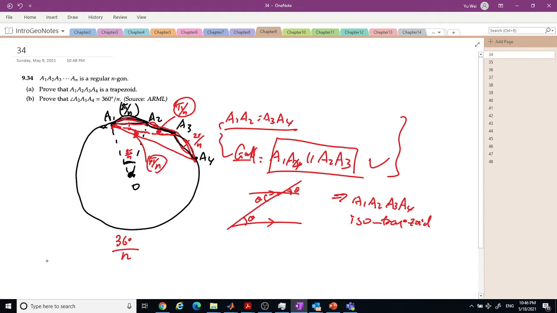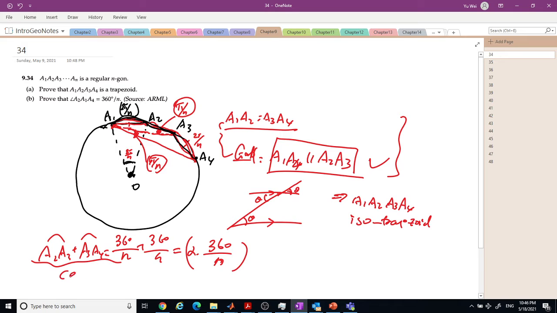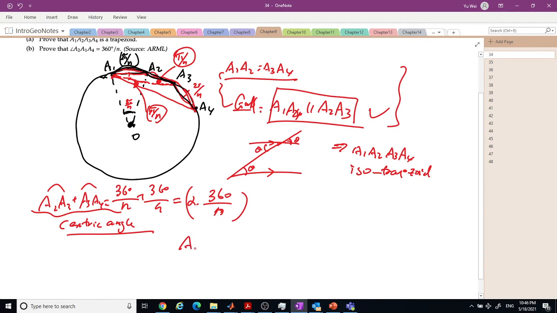Arc A2A3 plus arc A3A4 is two arcs, so it's 2 times 360 over n. This is the central angle, but angle A2A1A4 is the inscribed angle, which is half of the central angle. So it's 1/2 times 2 times 360 over n, which is 360 over n.